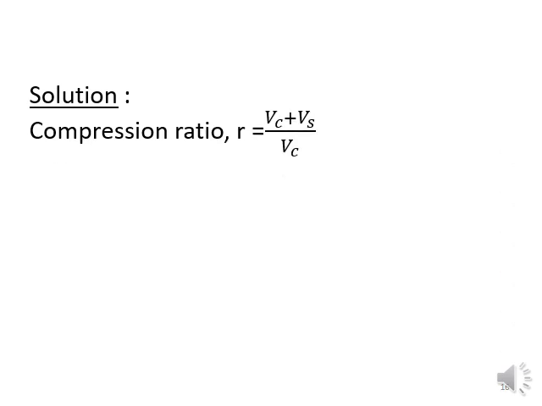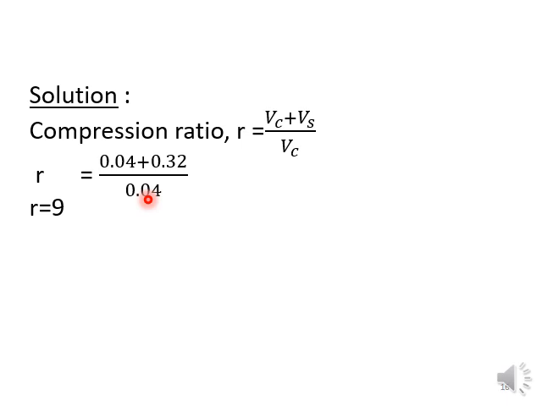R is equal to (Vc plus Vs) divided by Vc. So in the data they have given the Vc value and the Vs value. Substitute the Vc value 0.04 and Vs value 0.32, divided by 0.04, and we will get the compression ratio as 9.